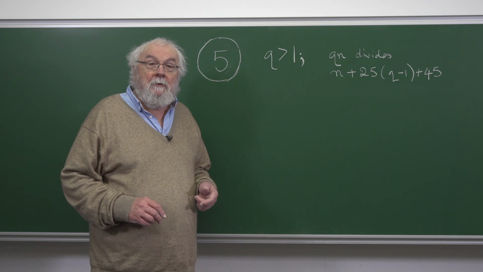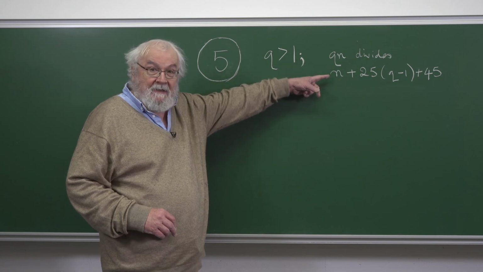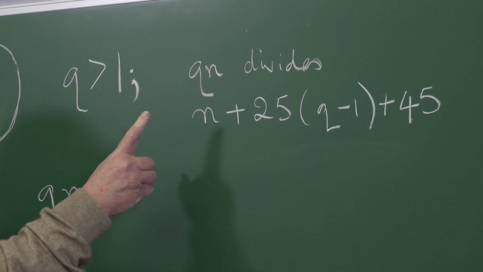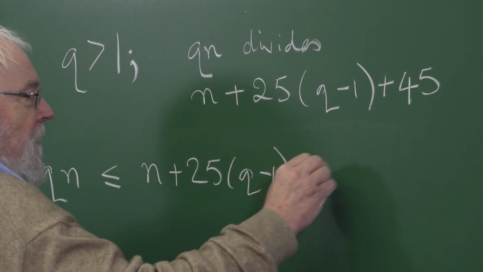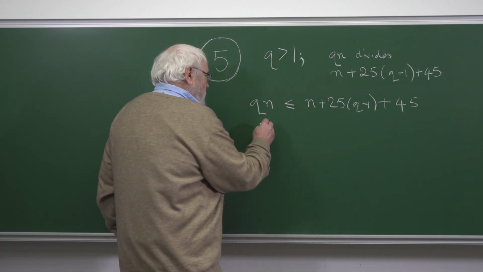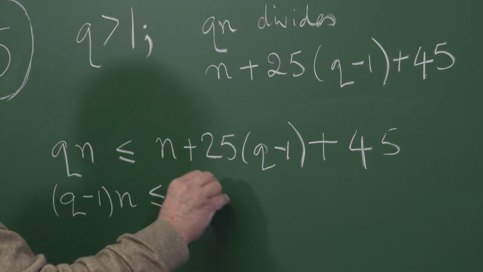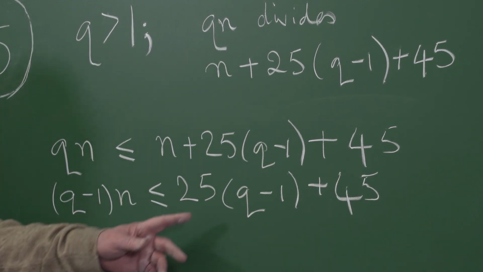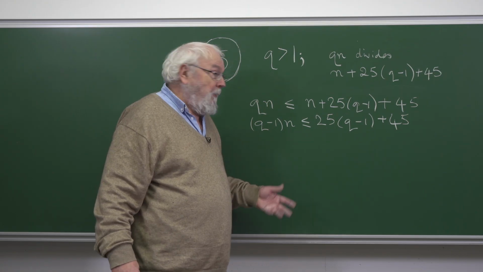So now we consider the case that q is bigger than 1. qn divides this expression, so qn is less than or equal to that expression, a weaker statement. So let's write it down. qn is less than or equal to n plus 25 times q minus 1, plus 45. Now do a bit of tidying. Subtract n from both sides. And now, because q is greater than 1, q minus 1 is positive, so we can divide by it.